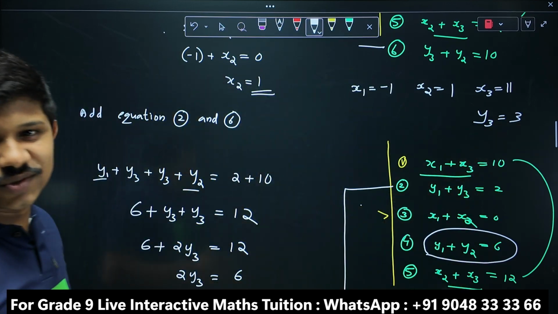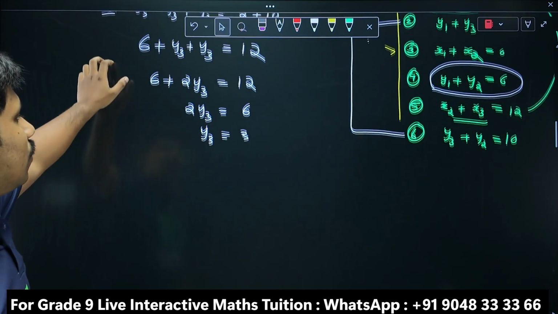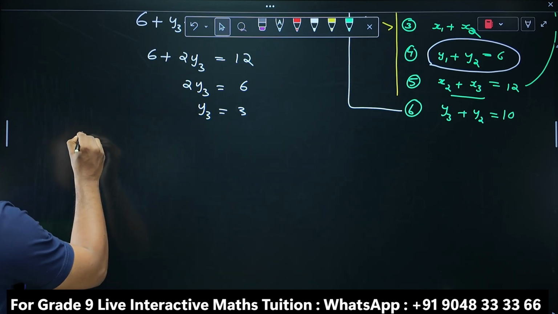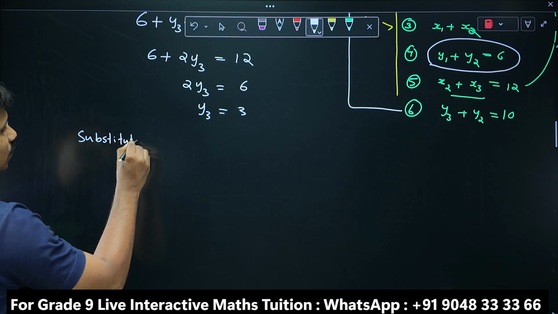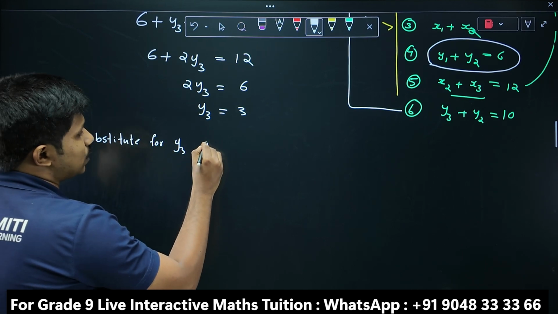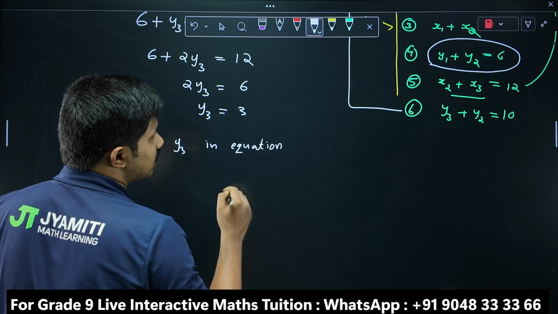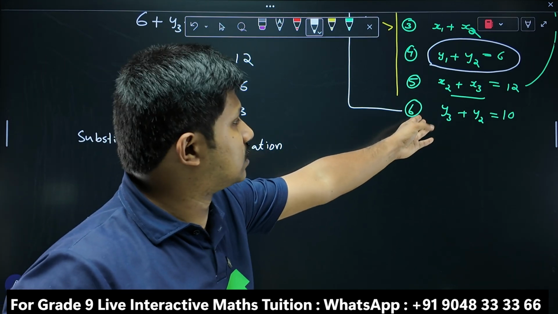Okay, so we are very close to the answer. Now we can substitute for y3 in any equation that contains y3. So write down: substitute for y3 in an equation that contains y3. You can substitute in equation 6.